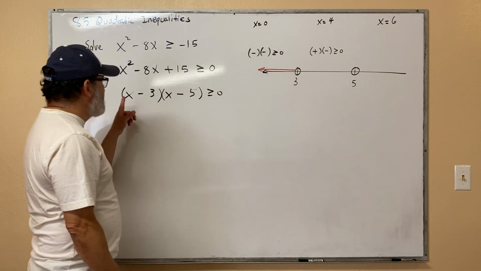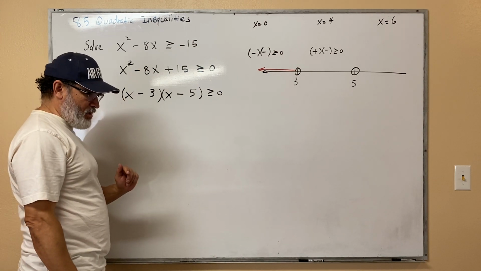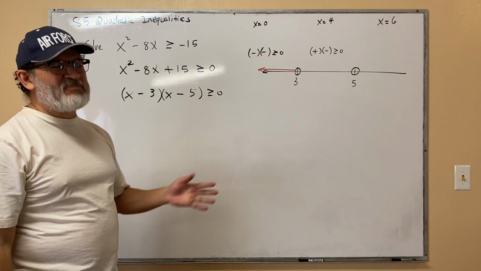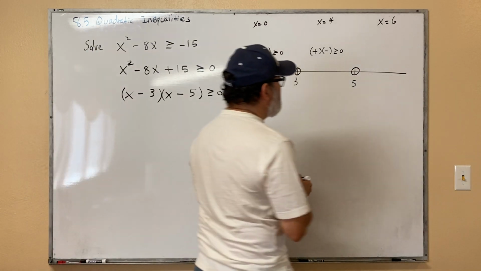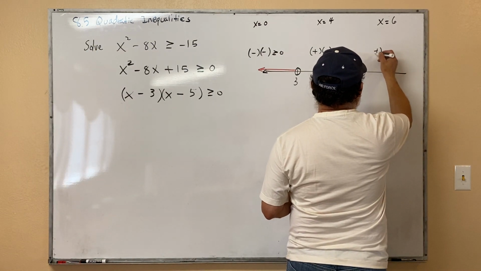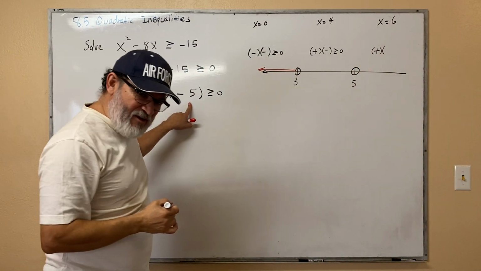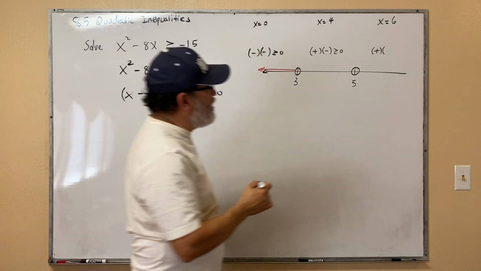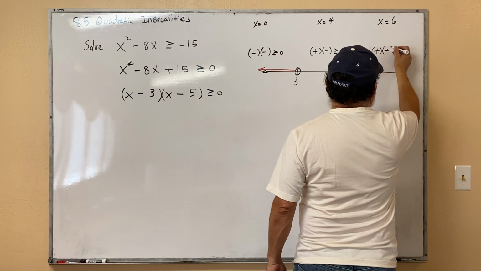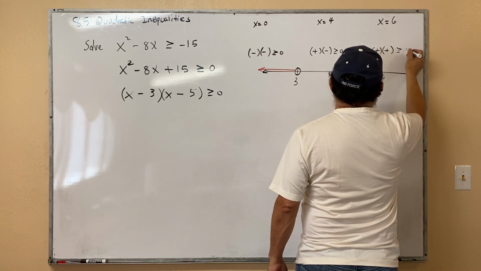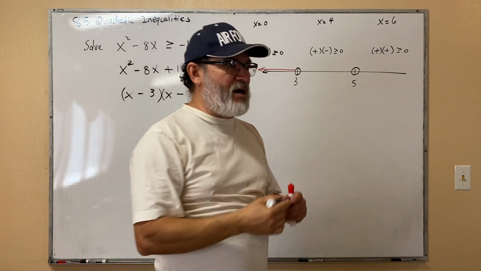Try 6. 6 minus 3, that's 3. It's positive 3. You could just say positive, because it's positive. 6 minus 5, positive or negative? Positive. Is a positive times a positive greater than 0?